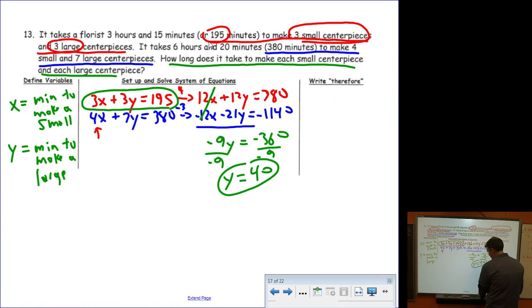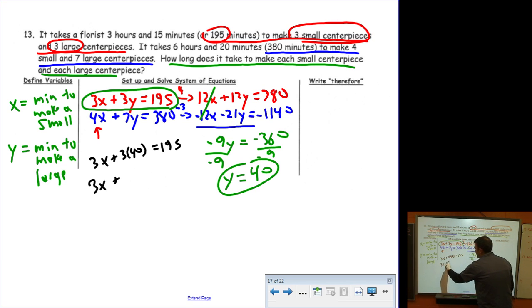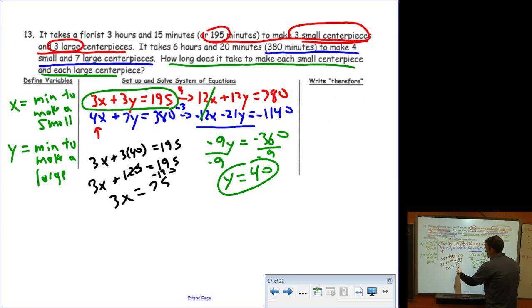So I would get 3 times x plus 3 times 40 equals 195. That'd be 120. That would be 3x. If I subtract 120, I get 75. And if I divide by 3, I get 25.